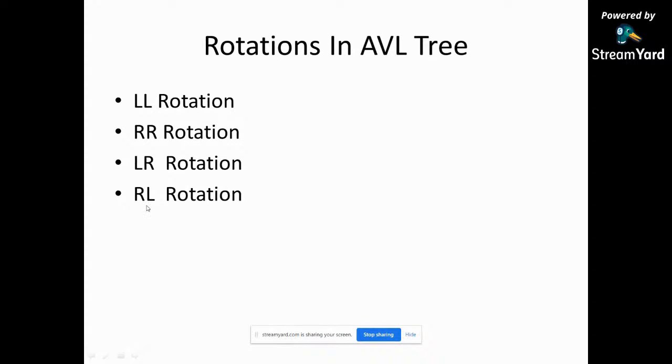How can we perform these rotations? I will explain as our video progresses. But for now, just remember these 4 types of rotations are possible in an AVL tree: LL rotation, RR rotation, LR rotation, RL rotation.